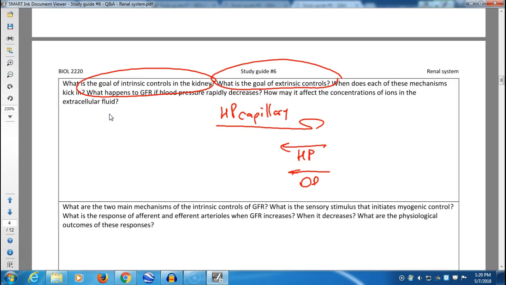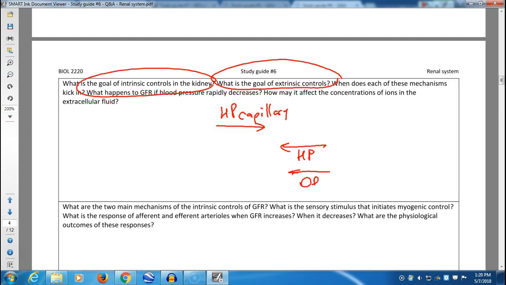If it is decreased, what's going to happen to GFR? It's going to be 0. There is a point at which GFR is 0. When GFR is 0, what does that mean from the standpoint of kidney function? They don't work. They don't filter. So toxemia, right? They have toxins in the blood.